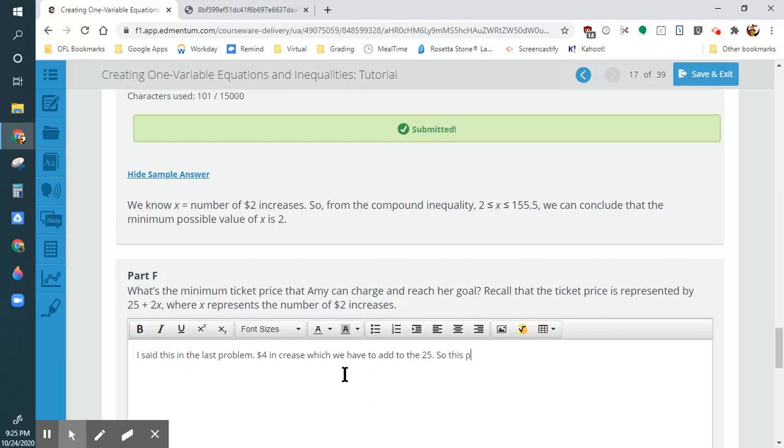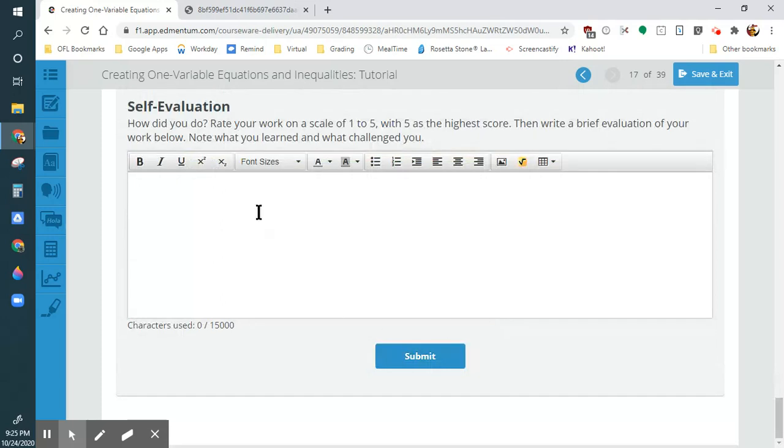So this price is $29. Oh my gosh. I'm gonna fill this out now. I keep forgetting to read the problems all the way through till the end, causing all mistakes.